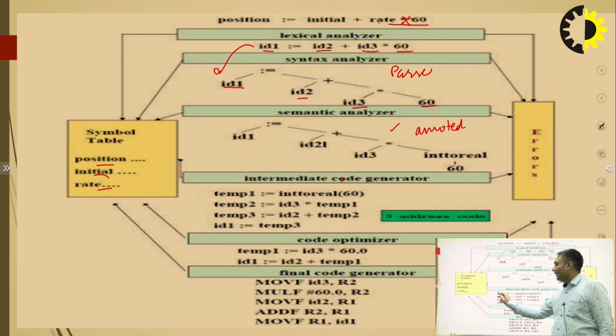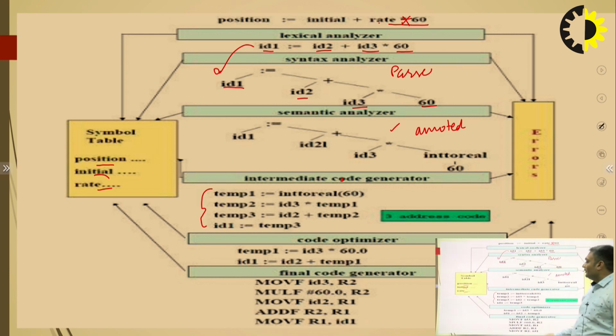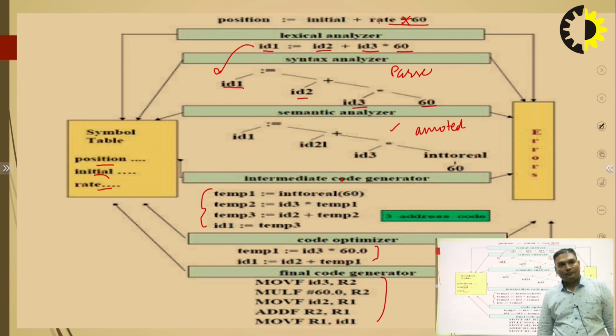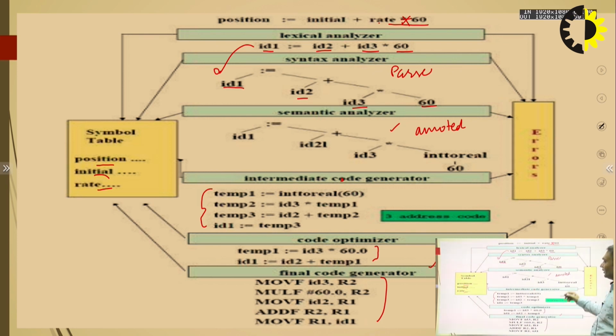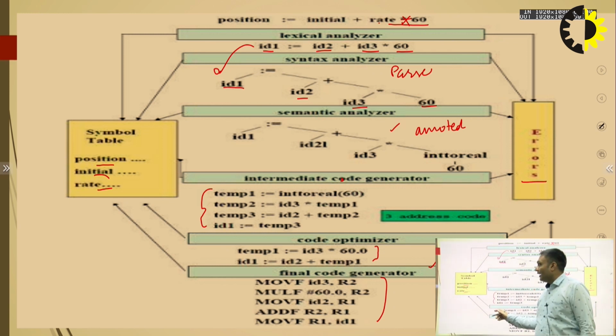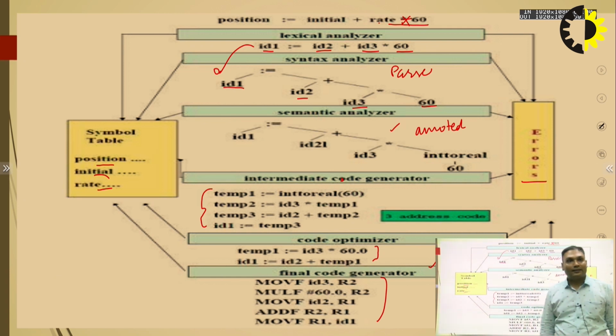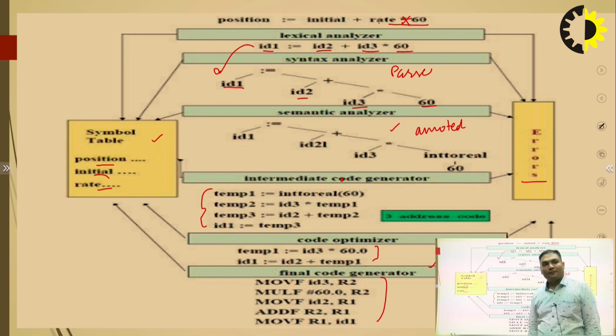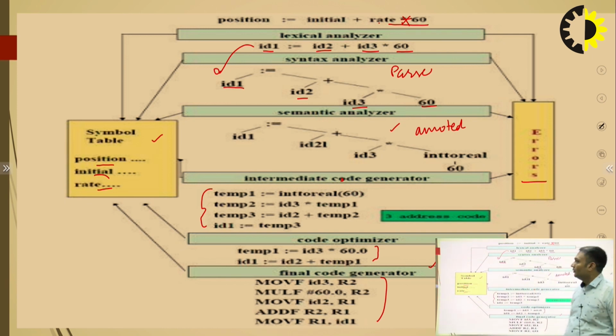The intermediate code generator will produce some temporary codes, and these temporary codes are further optimized by the code optimizer, and the final code, that is the assembly program or target program, is produced. If an error occurs in any phase of the compiler, the error handler will report that error, and all the entries corresponding to the data required by the different phases will be entered in the symbol table. So this is the working of the different phases of the compiler.